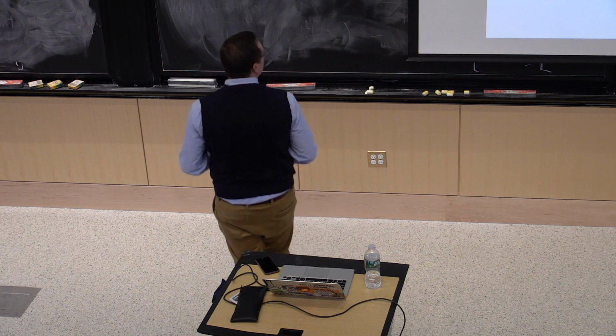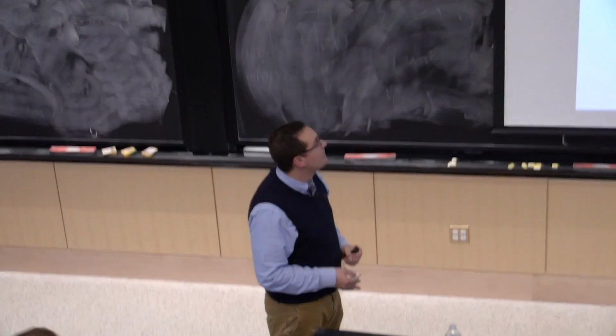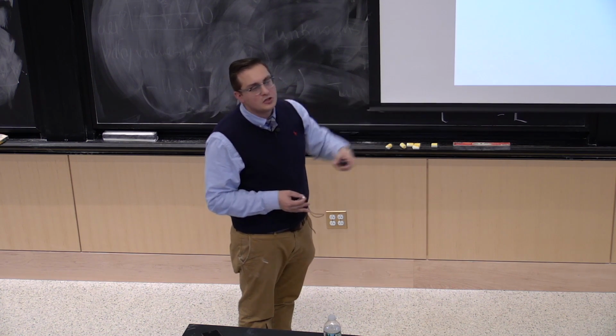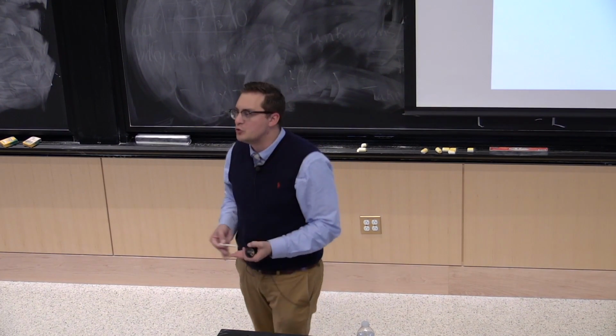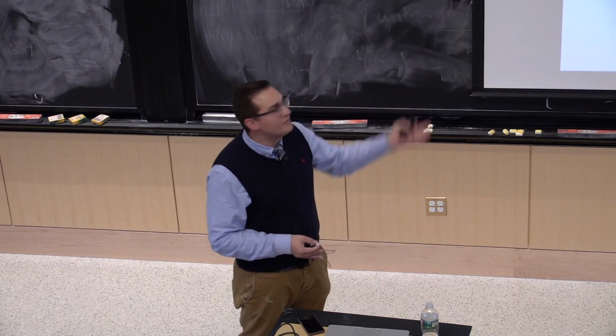All right, so we basically left off on this slide where we saw that Jeffreys priors satisfy a reparameterization property. They're invariant by transformation of your parameter, which is a desirable property. In a way, it says that if I have my prior on theta, and then I suddenly decide that theta is not the parameter I want to use to parameterize my problem, and what I want is phi of theta.